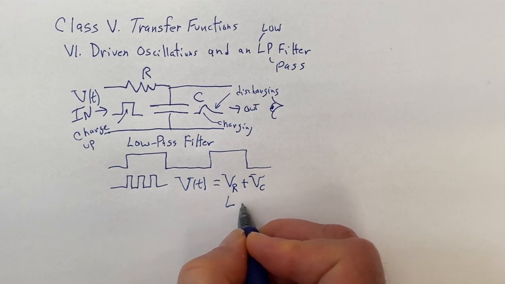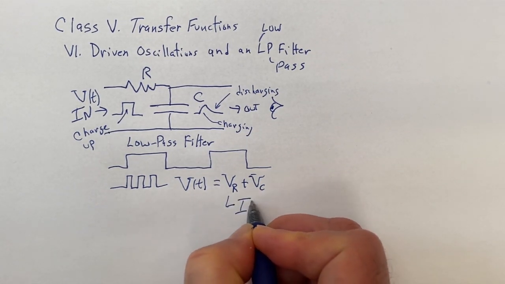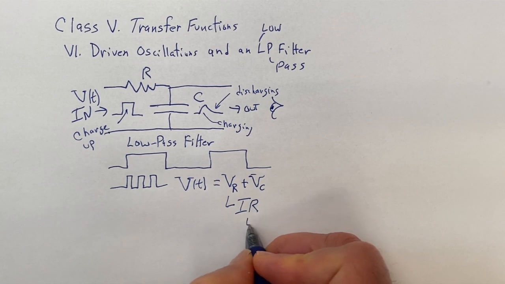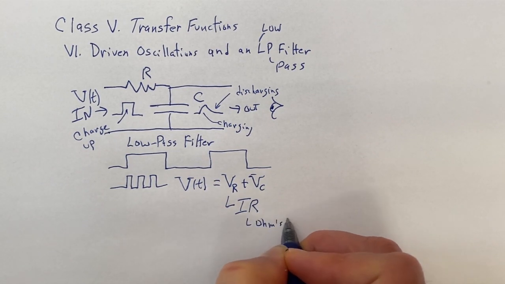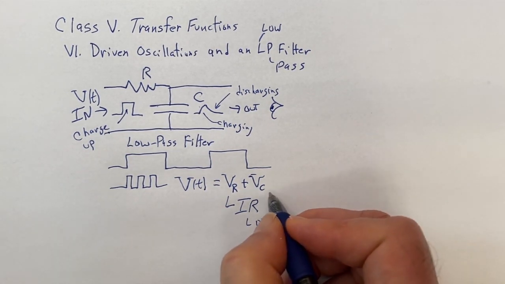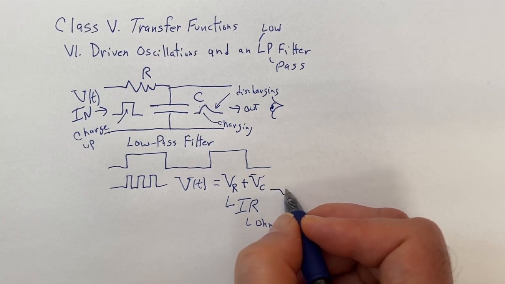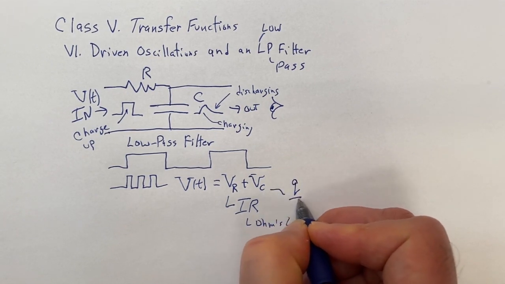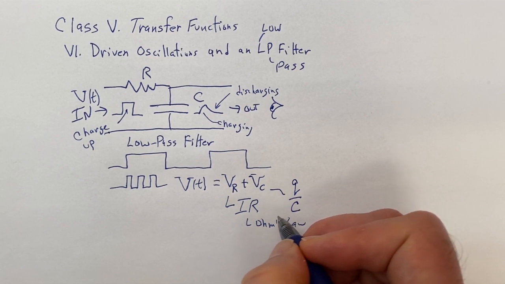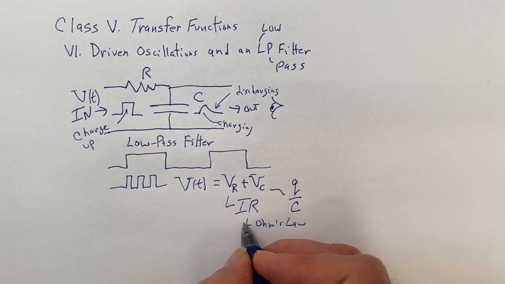Now this voltage is given by Ohm's law, IR, and the voltage across the capacitor is given by the charge Q over the capacitance. And I is the current.